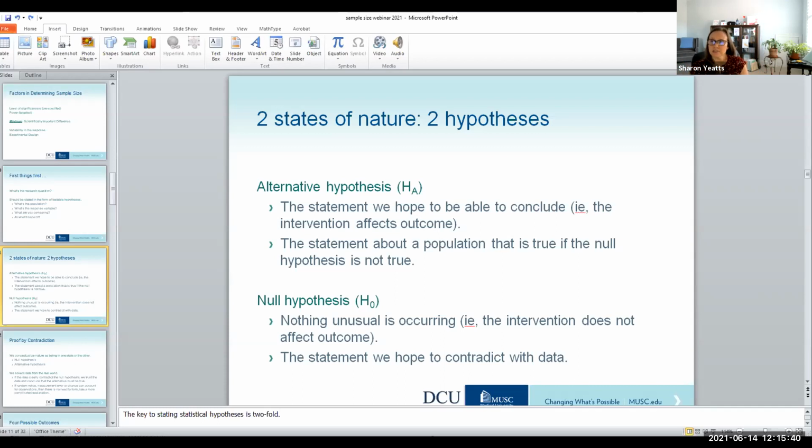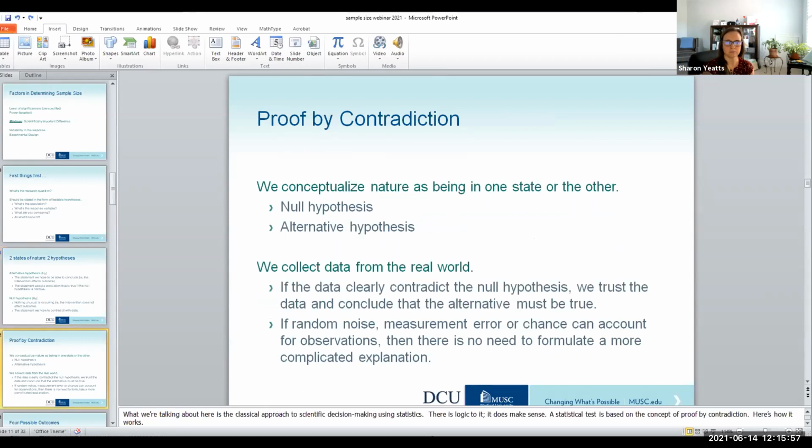The null hypothesis is effectively the opposite of that, the statement you want to contradict with the data. So again, in many cases, it's the hypothesis that nothing unusual is going on. The intervention doesn't have any impact on outcome. Okay. So we conceptualize nature as belonging to one of these states. Either the null hypothesis is true or the alternative hypothesis is true. They can't both be true.